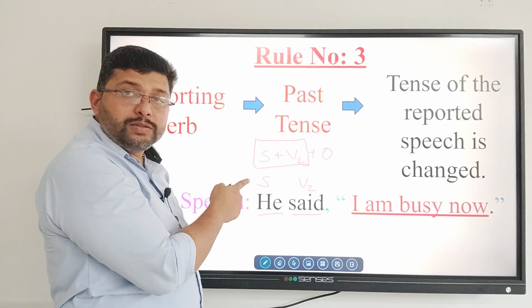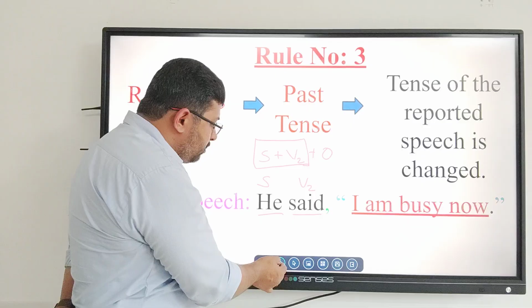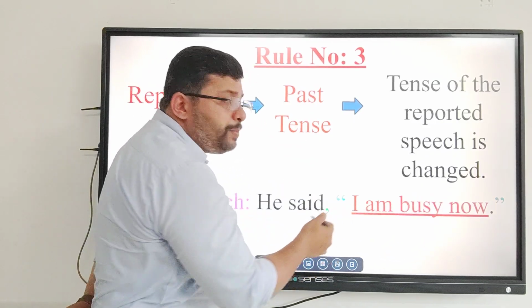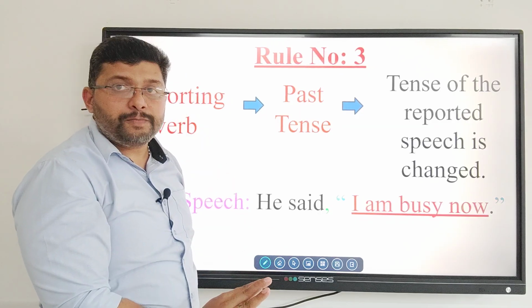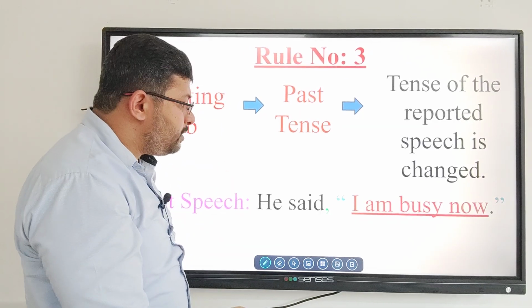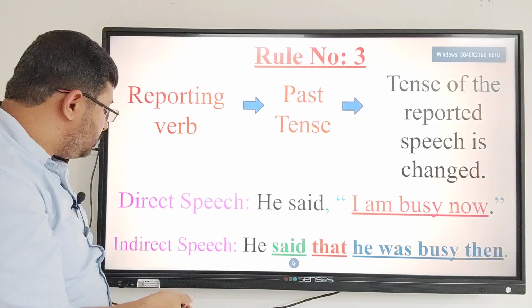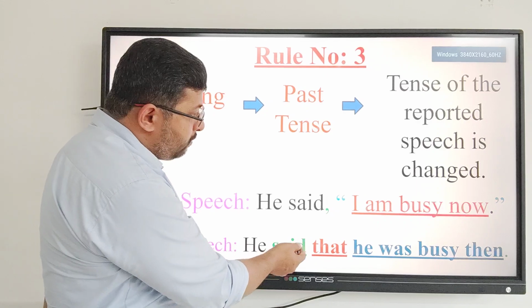In this case, this is in past tense. So if the reporting verb is in past tense, the tense of the reported speech must change. And how it is to be changed, to which form it can be changed, is based on certain rules. So here I have given the answer.